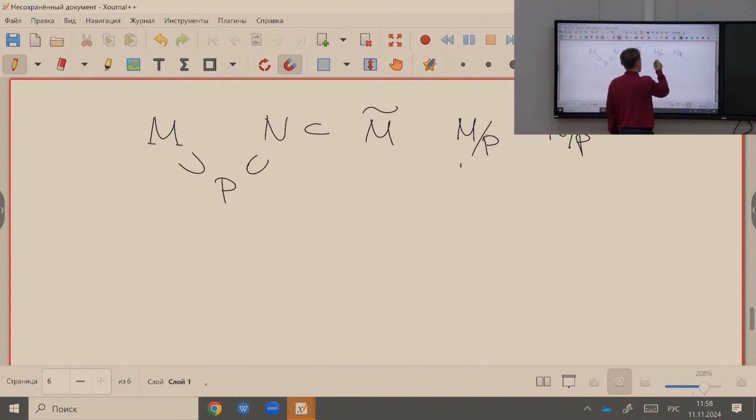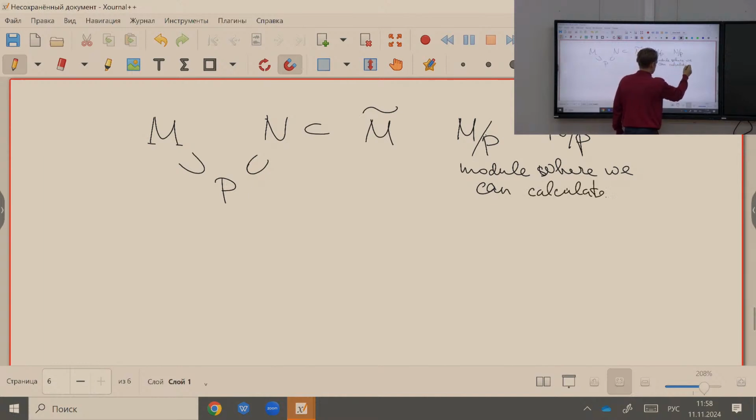So they are modules where we can calculate some number, some characteristic, some function, for example lambda.